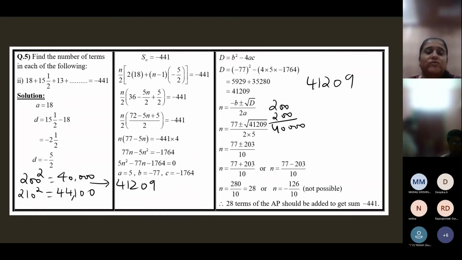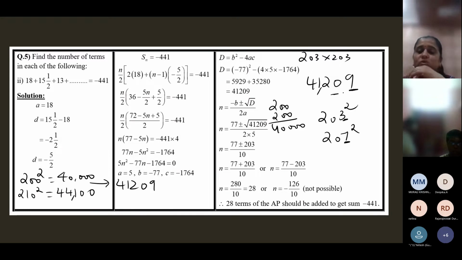So the square root of this number should be somewhere between 200 and 210, but it ends with 9. So it has to be 203 squared or 207 squared, because 7 sevens are 49, 3 threes are 9. Only the squares of these two numbers can end with 9. So you multiply 203 and 203 and check if you get 41,209.